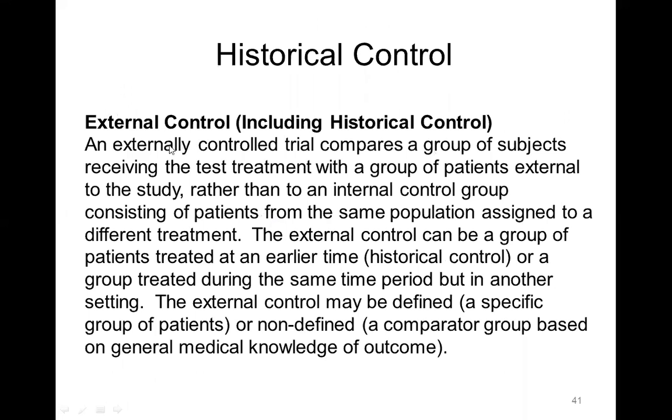Now, if you have a huge cohort study, you can have external controls, often called historical controls. So if you've been studying the same thing over and over again for years and years, but looking along an extended time course, for example, then you can use an external control.